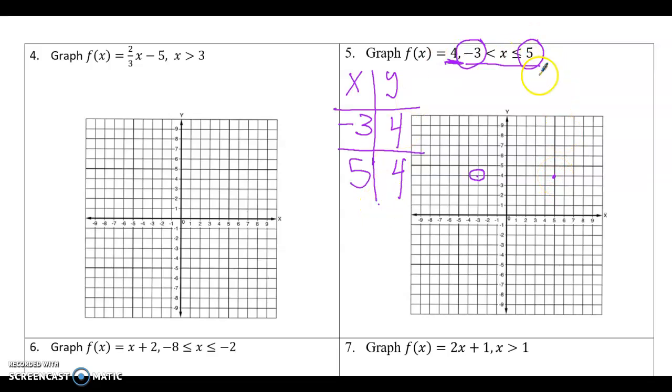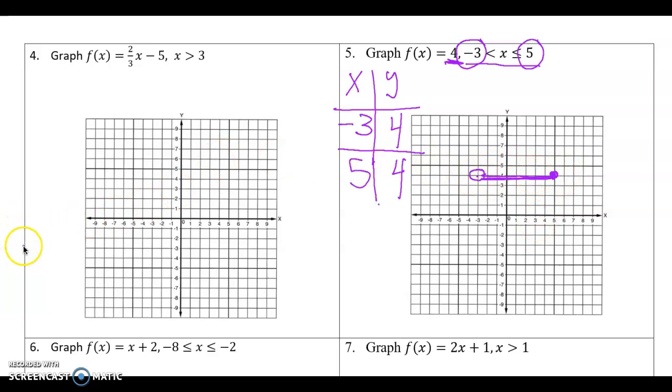And when you see this, this is a closed dot because it's less than or equal to. It has a line underneath, so it's going to look something like that. And then I just connect my dots, and that's it. Since it tells me my domain goes from one number to another number, it just goes from -3 to +5. So it's just that part right there.